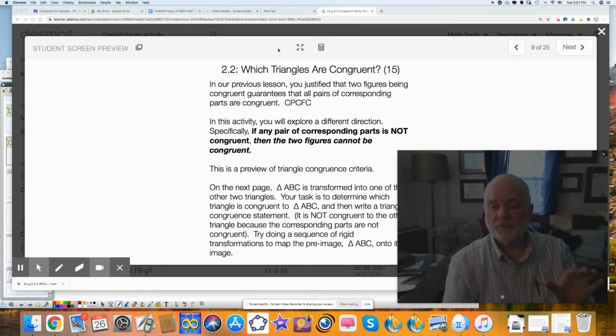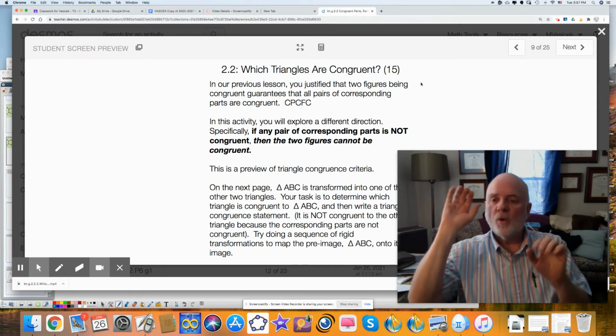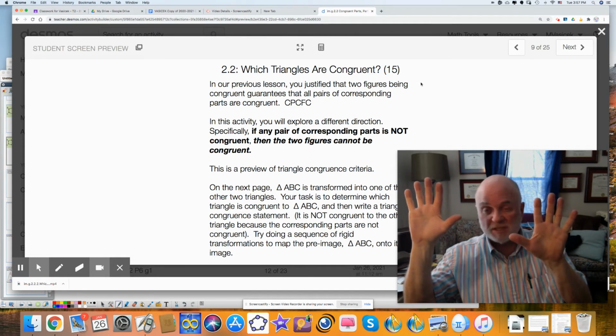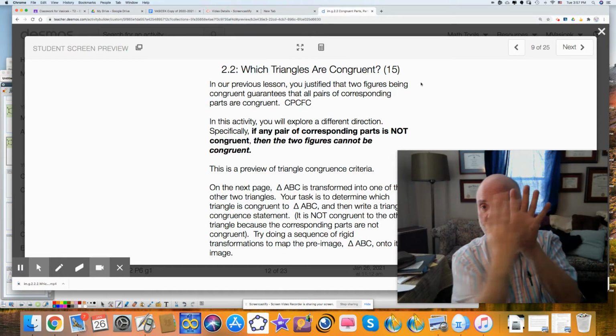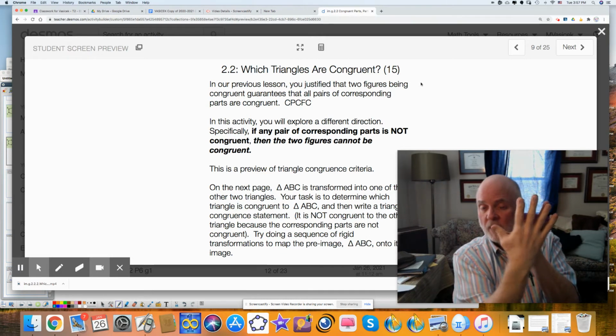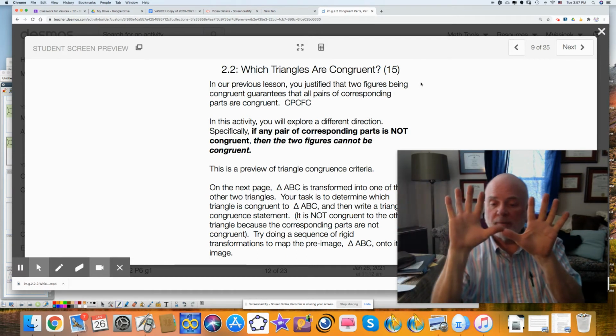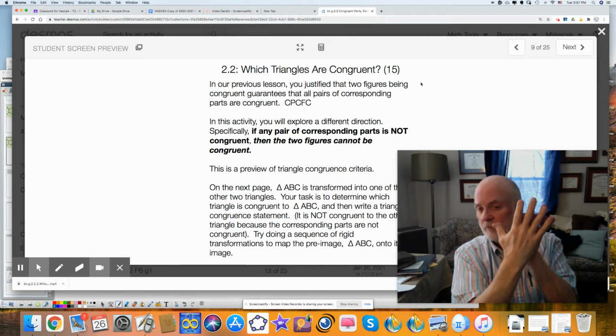So if I have a pre-image and an image, and they are congruent, that means there's a rigid motion sequence that will map the one onto the other. Congruence means that one figure can be mapped onto the other with a finite set of rigid transformations.